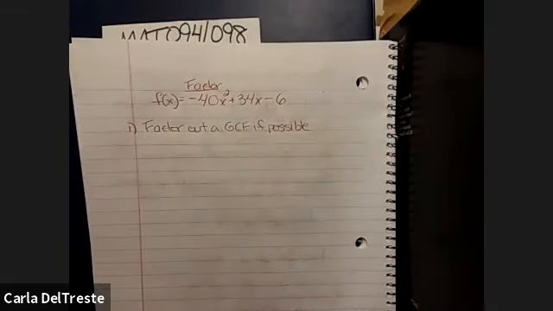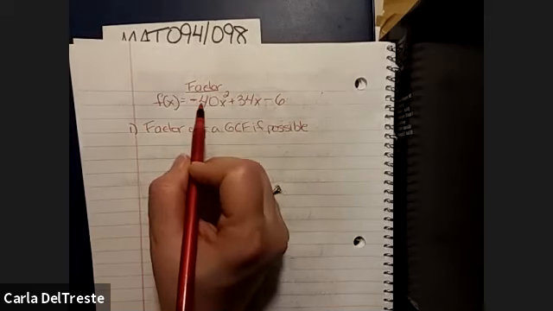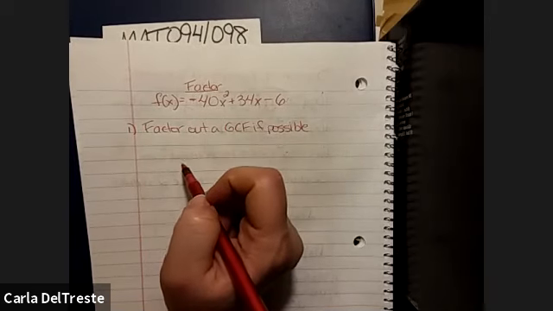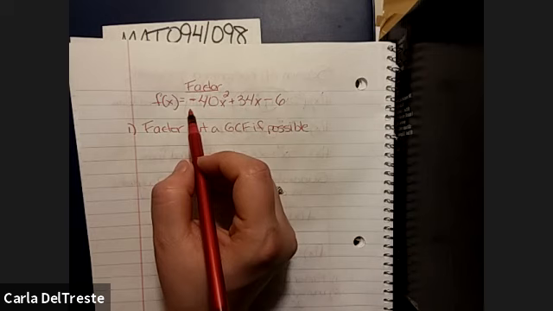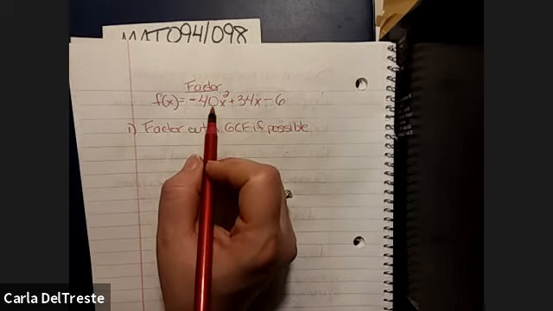We're going to add a little bit more to this first step because not only is it possible here, but I also noticed that there's a negative in front of the leading coefficient. I don't want that. As much as possible, we want this leading term to be positive.